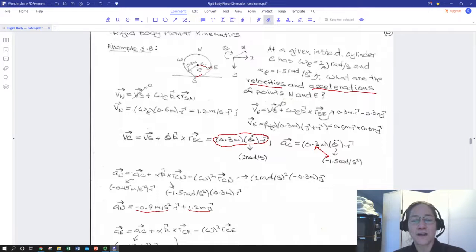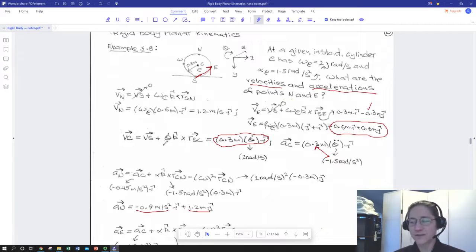A vector that connects S to E there. And so that's going to have a component of 0.3 meters in the positive i-hat and 0.3 meters in the negative j-hat here, because it's going up. So I just do that cross product, multiply by my angular velocity, and this is my velocity expression at E.